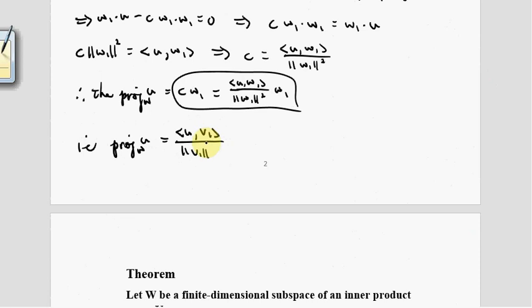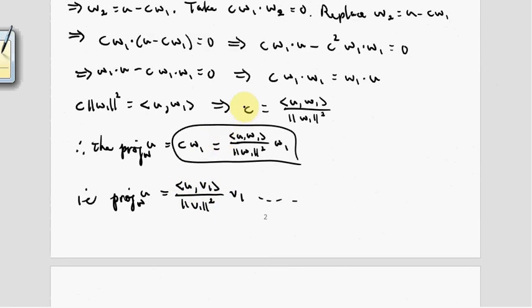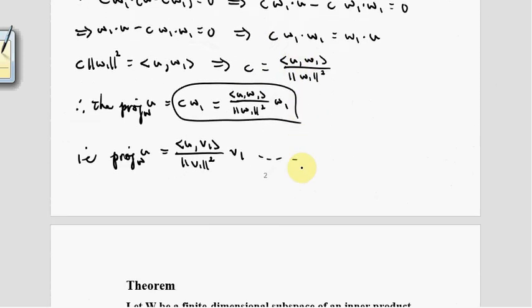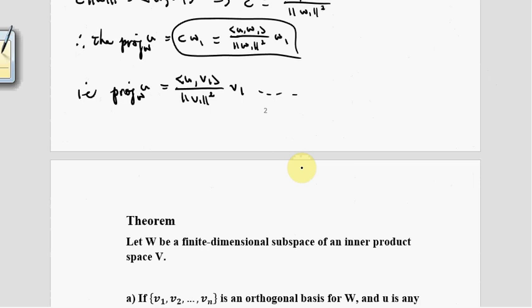Remember, these vectors V sub 1, V sub 2, whatever, they are in W. I want to show you that this funny scalar times the vector is no more than this number C, which we get to be the inner product divided by the norm squared. So now you know where it comes from.